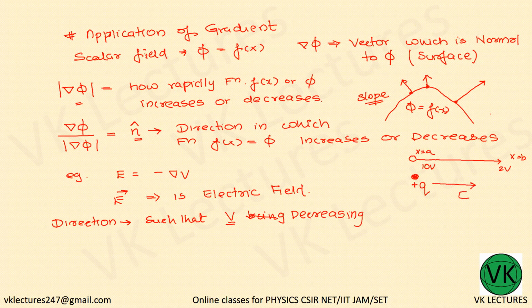So what E equal to minus del V says is that the direction is negative of del V, pointing in the direction where the potential is decreasing. The magnitude of del V is nothing but the value of the electric field.